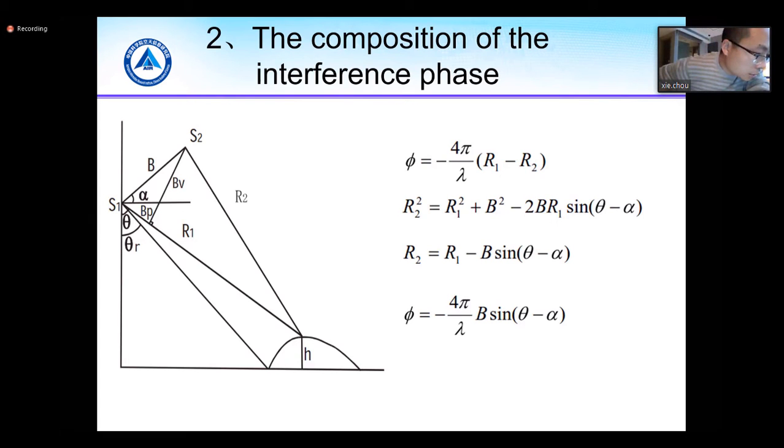InSAR technology makes full use of the phase information carried by the echo signal to obtain three-dimensional information of the ground or information of surface deformation. The basic idea is to calculate the distance through the phase difference between two echo signals corresponding to the same target.